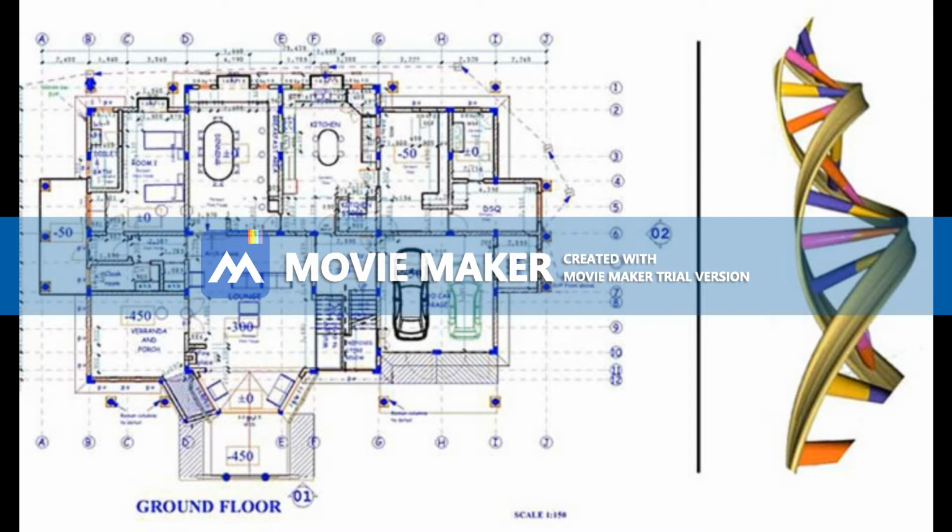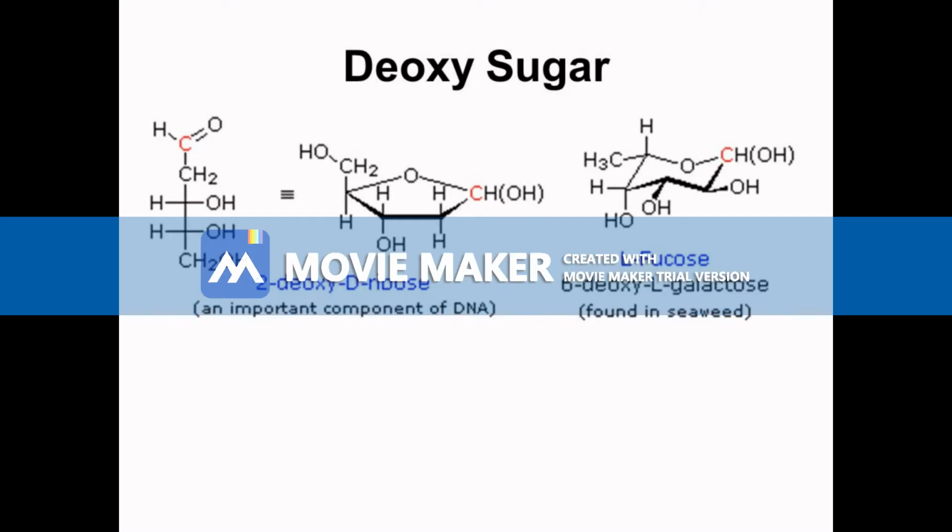Now, in this case, what is DNA made of? Well, DNA contains a sugar called deoxyribose, and this type of sugar is very important. It is important because with this type of sugar, the DNA becomes more stable than the RNA.